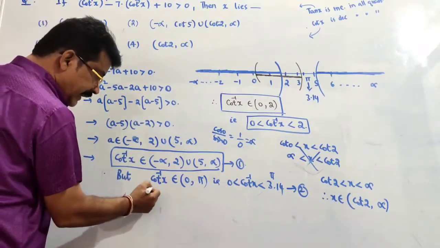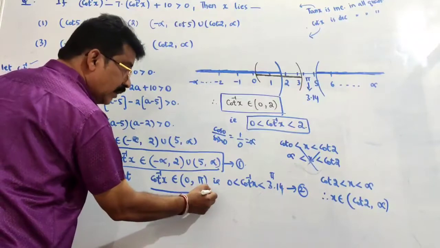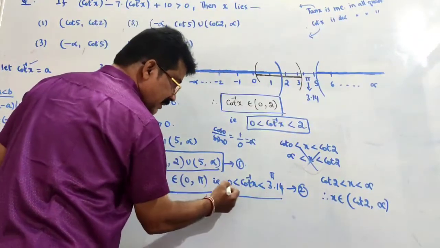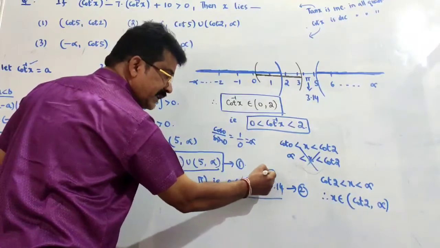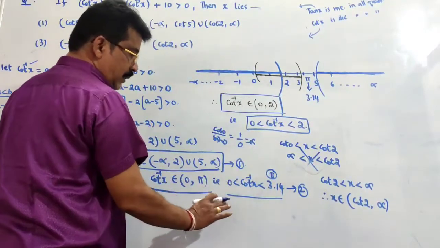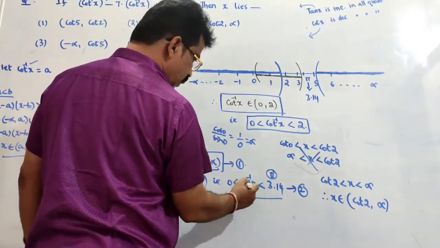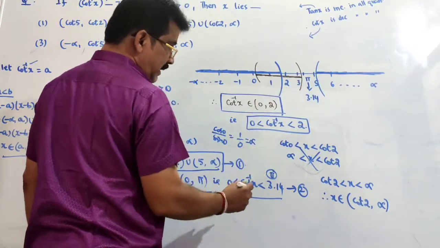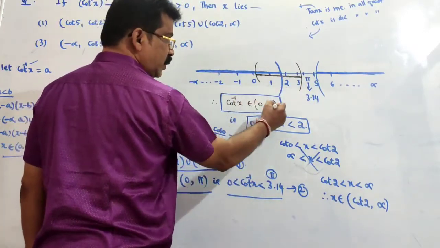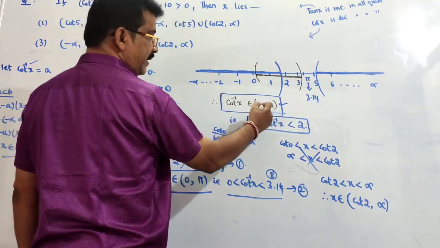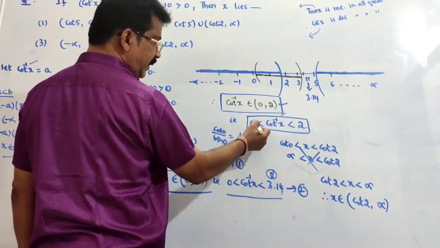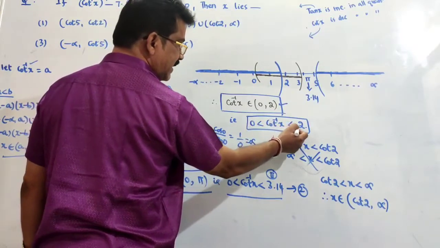Next, 0 is less than cot inverse x is less than 3.14, which is pi. So 0 to pi we represented like that. The common area is 0 to 2. So cot inverse of x belongs to the open interval 0 comma 2, that is 0 less than cot inverse x less than 2.